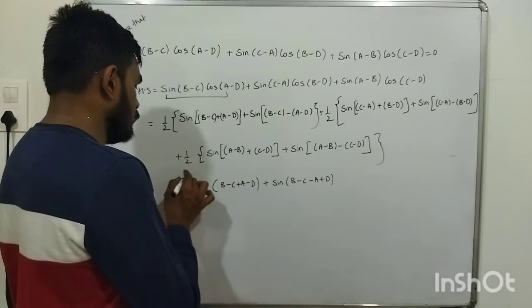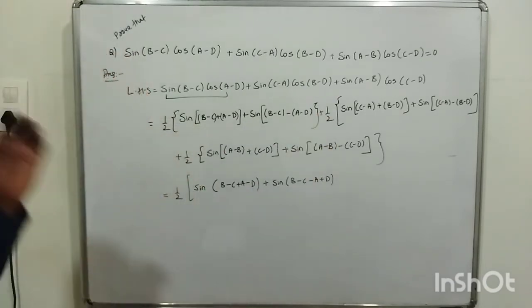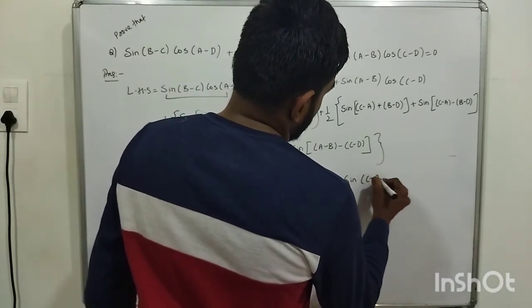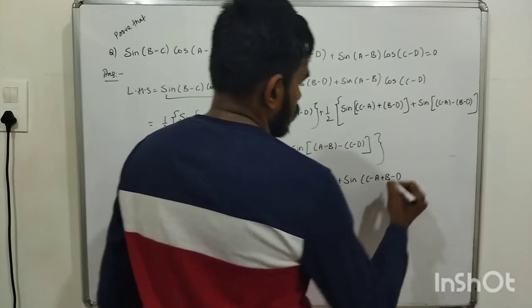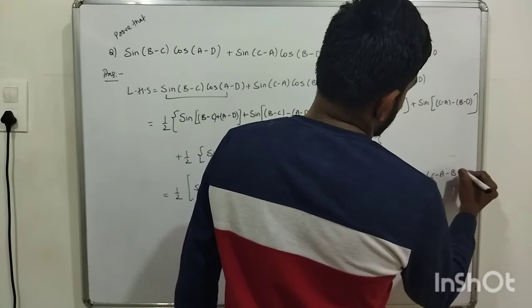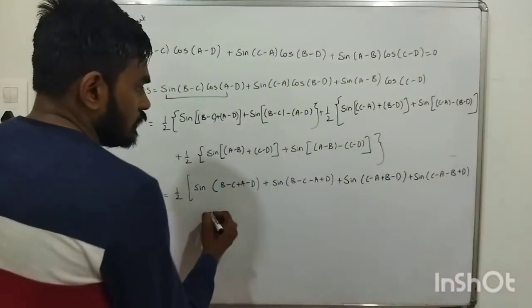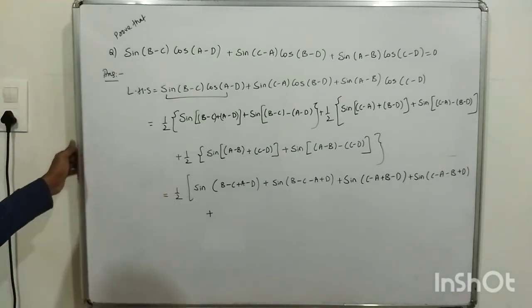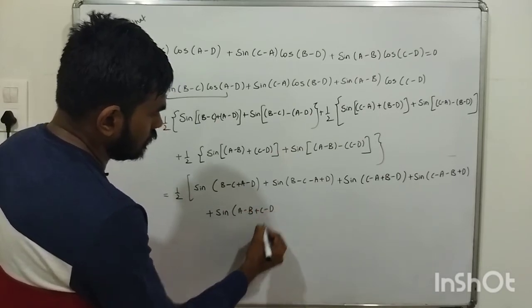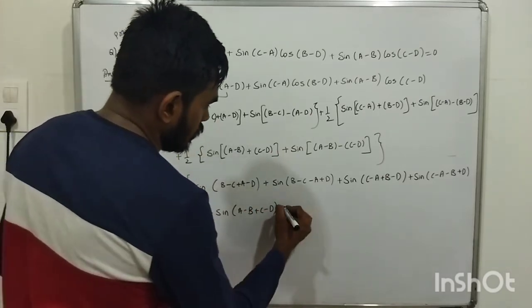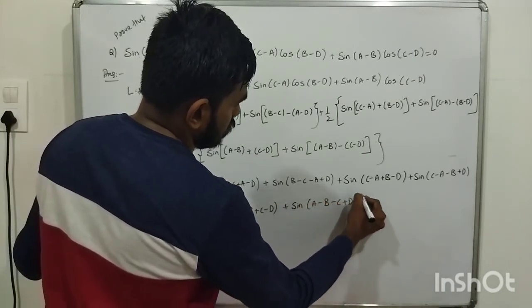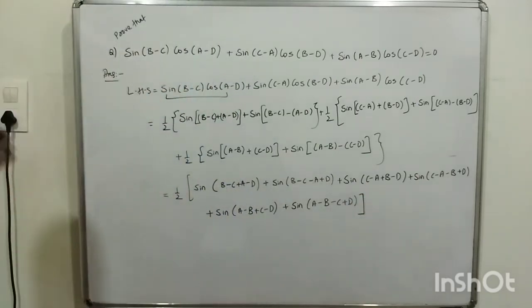Second, plus sin(c minus a plus b minus d) plus sin(c minus a minus b plus d). Plus third one, sin(a minus b plus c minus d) plus sin(a minus b minus c plus d). Till here we got.